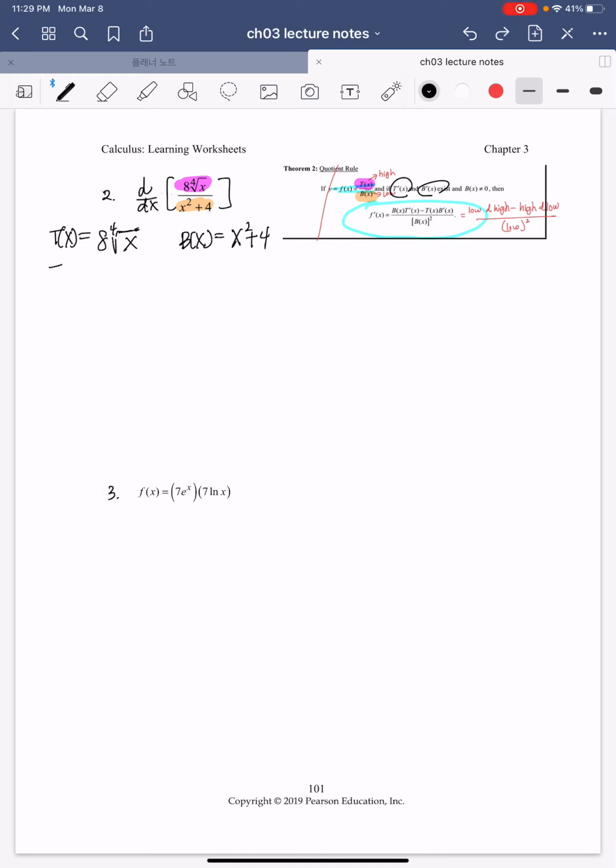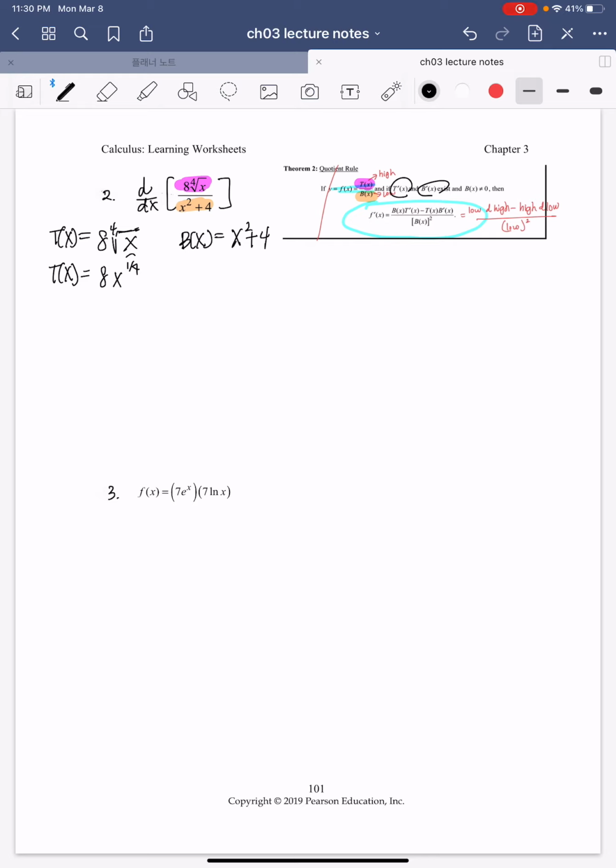Now this one, we can rewrite the 4th root as x to the 1/4, so it is easier to differentiate, written as a power rule. So we are going to bring down the 1/4 and subtract 4/4.